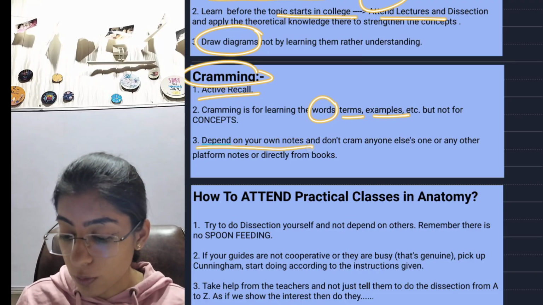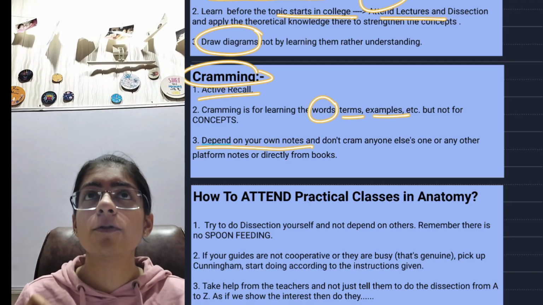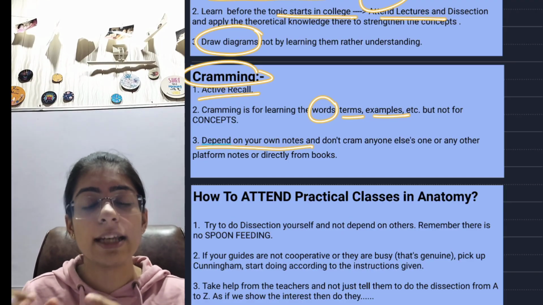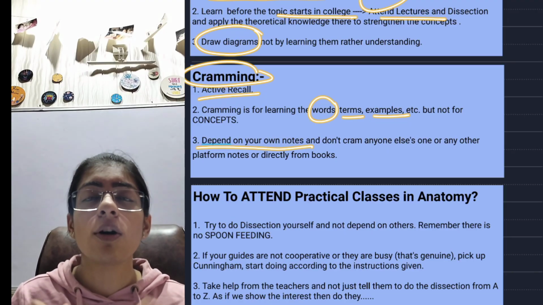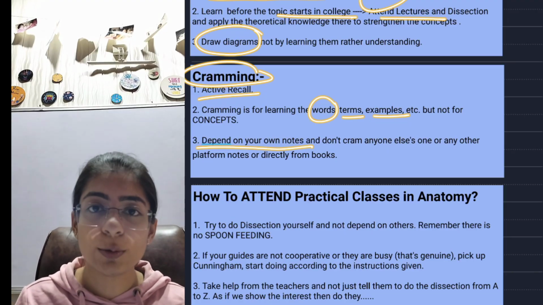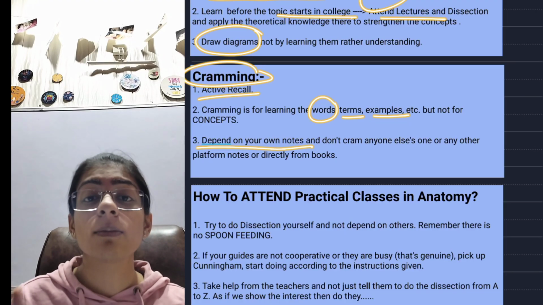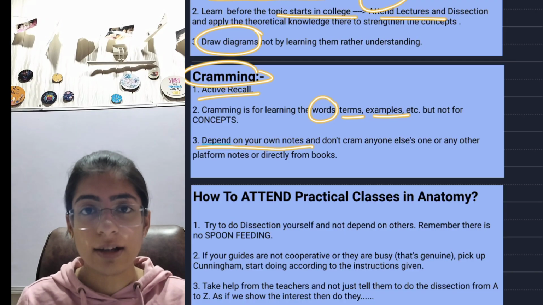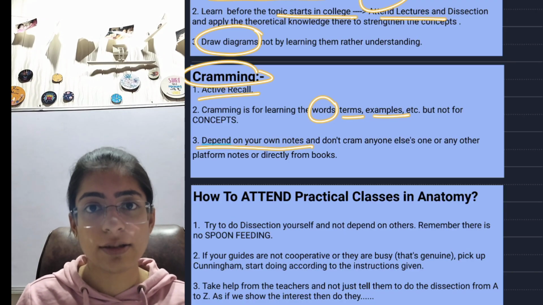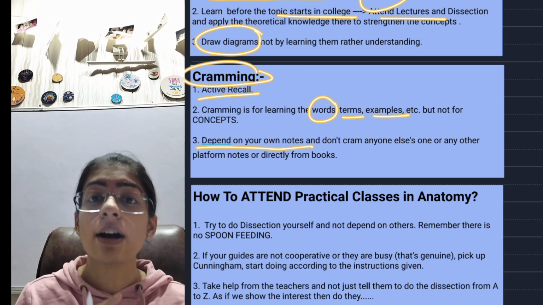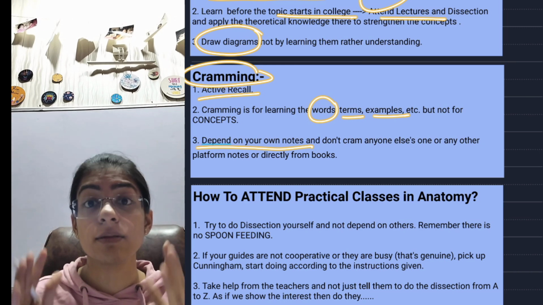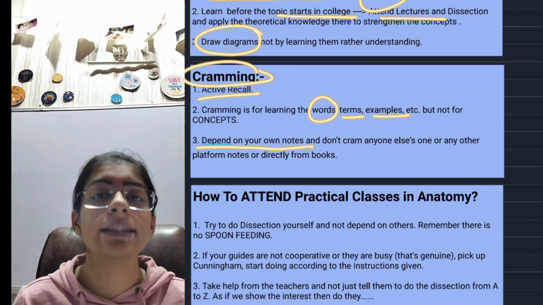Now, depend on your own notes. Cramming from someone else's notes, like any platform's notes or your senior's notes, is just a waste of time, because you can gain marks in the past or periodic tests or even in midterms, but you can't be held up by someone else's notes in the final exams.